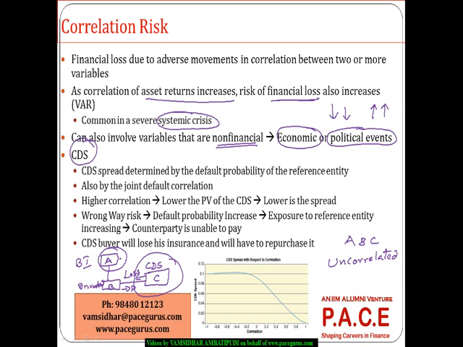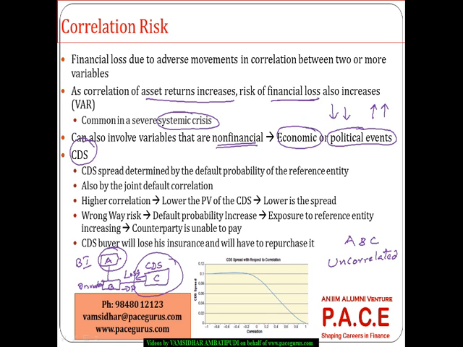Because if both of them are heavily positively correlated, then if A is not defaulting, C also will not default. But if A defaults, C also will default. Then what's the need for me to go for C for a protection? So I have to choose C in such a way that the correlation between A and C is much lesser. So that is where correlation is playing a role even in credit default swaps.